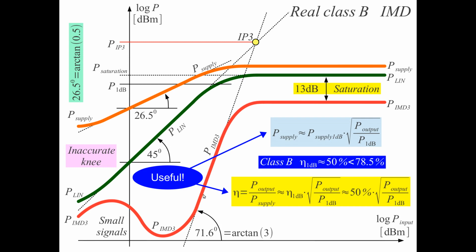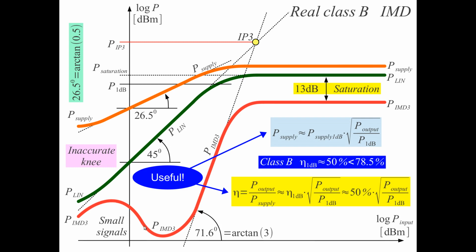In the linear region, the intermodulation power follows a straight line at an arctangent 3 angle here, because the intermodulation power increases with the cube of the input power, or with the cube of the output power. But after that, because of the inaccurate knee, the intermodulation power turns back and may become even higher at lower signals.